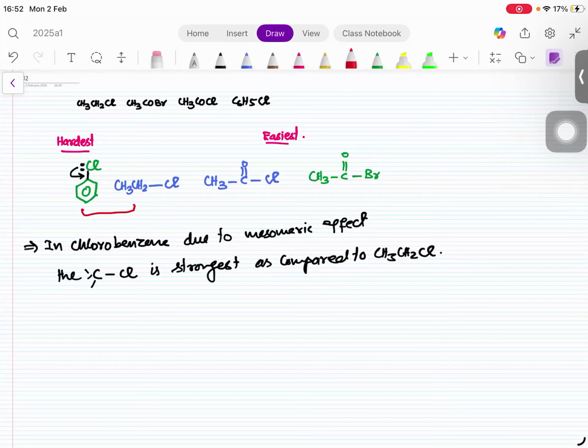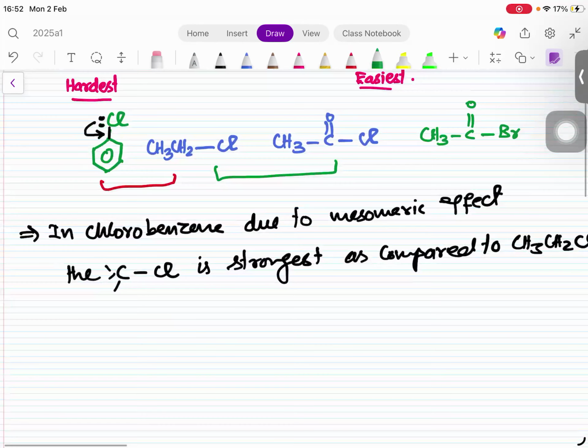Okay. Now, on the other hand, now we compared these two. Now we have to compare these two. Why this is harder? So what you will say? Okay, in this case, it is electron donating group, passing electron density towards this C-Cl bond, making it stronger. Or in other words, you can also explain it like this. Okay, C double bond O has what?